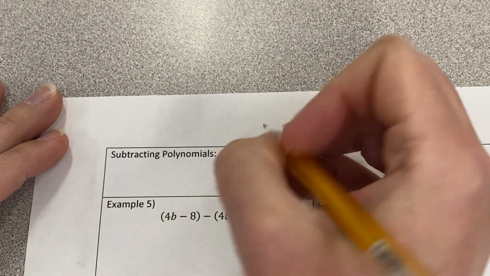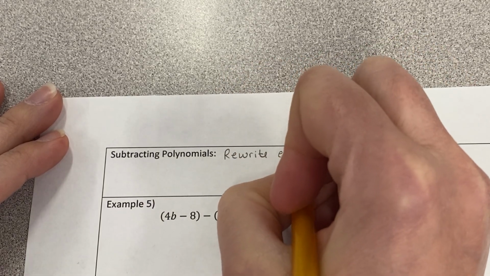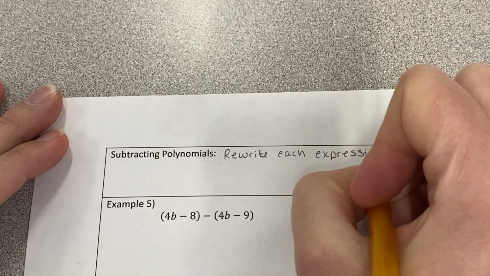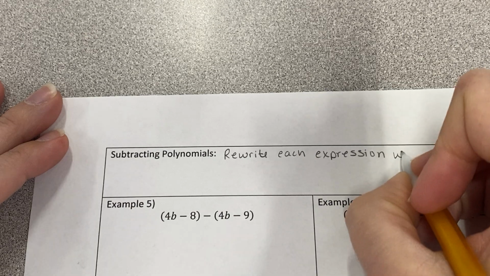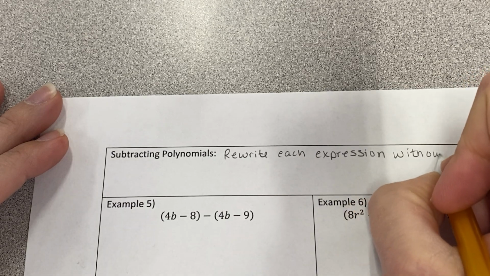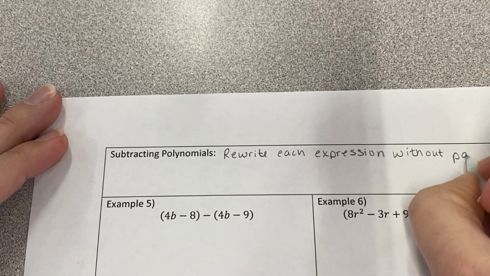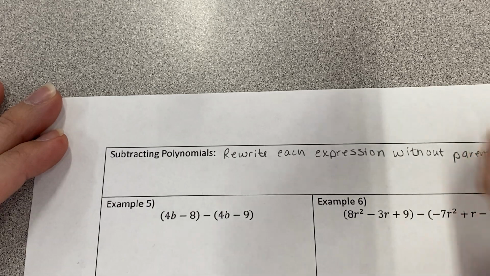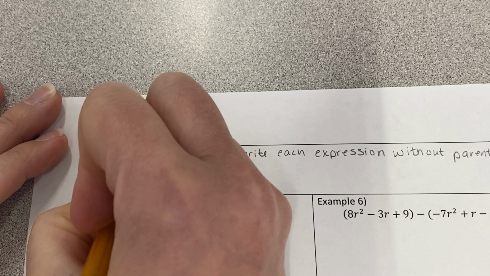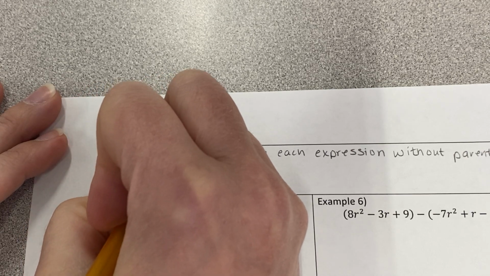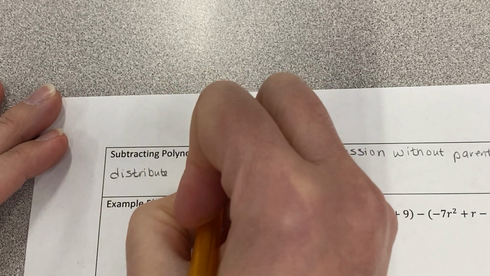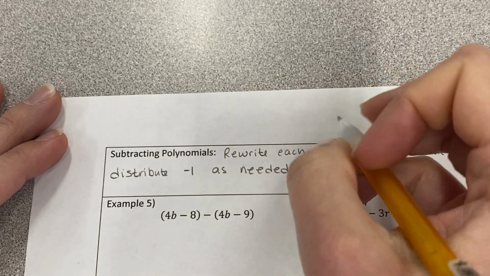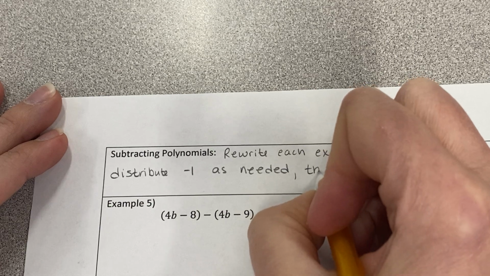Rewrite each expression without parentheses. Distribute negative 1 as needed. And then add like terms.